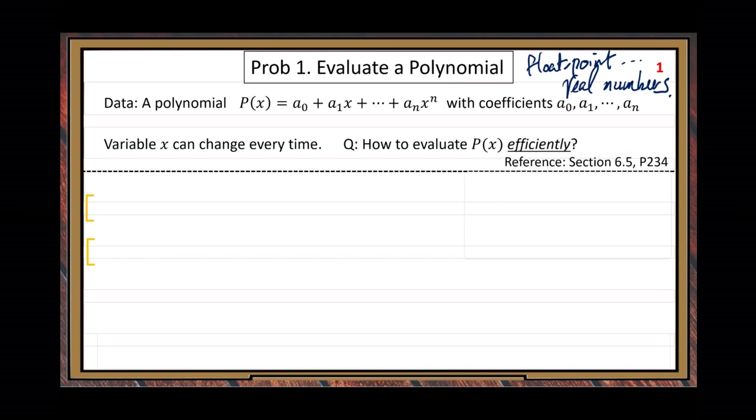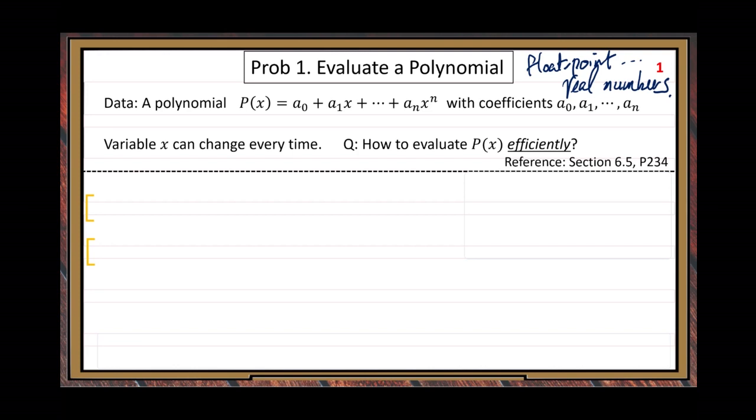So now the question: how to evaluate P of x efficiently? Everybody knows how to evaluate this polynomial correctly. So everyone in this class, I believe you know it.